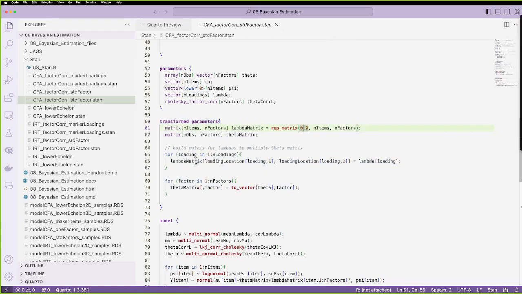But then I loop through every loading, and in that previous step, the transformed data, I noted the row and column position each loading should be in. What this loop is doing is just putting that estimated loading into that position. So now this lambda matrix is something that I can use a matrix product with to multiply the theta matrix.